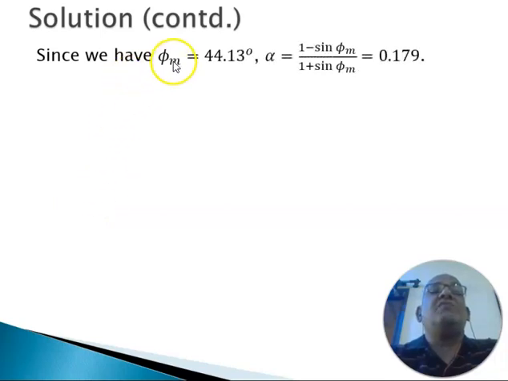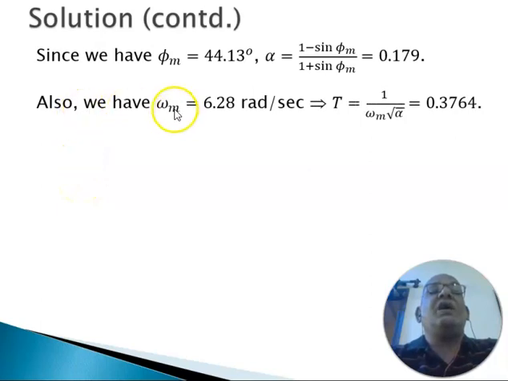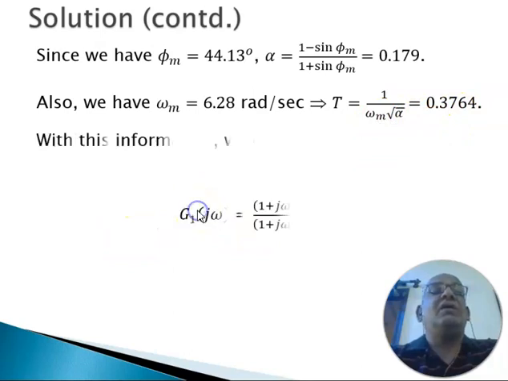Since we have phi m, which is this angle we computed just now, the alpha of the compensator is found using this formula to be 1.179. And also, since we have omega m as 6.28, this T term, the time constant term, you can evaluate it to be 0.3764.